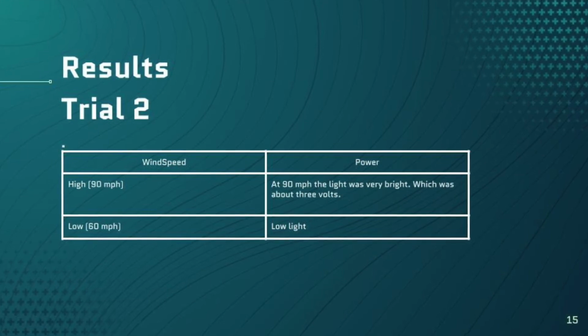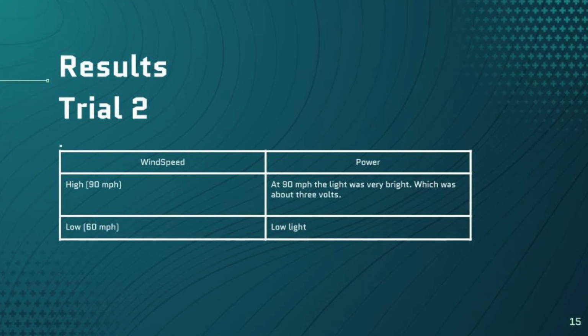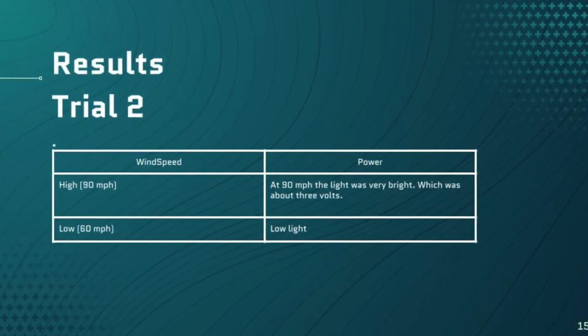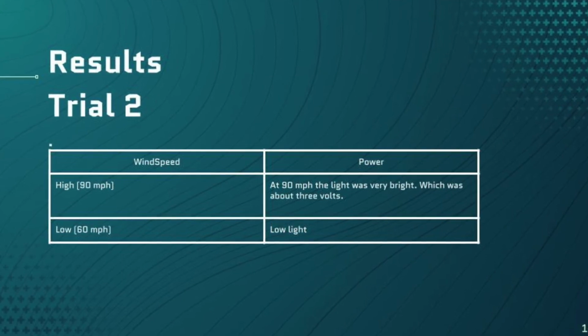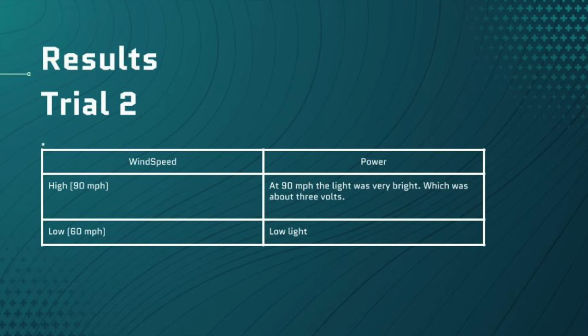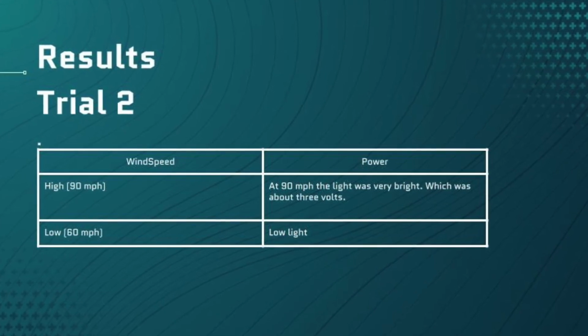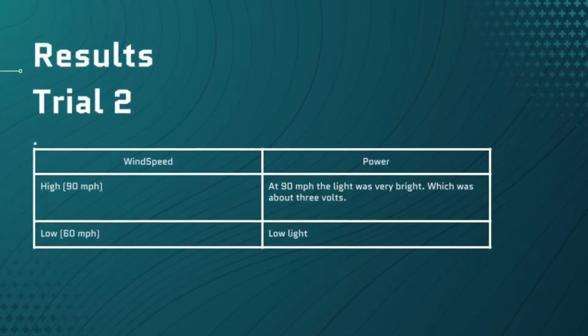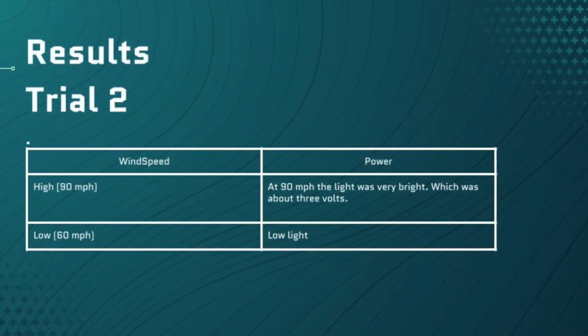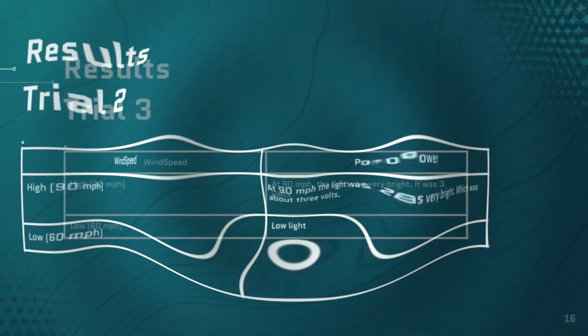Trial 2. The wind speed had a high of again 90 miles per hour. At 90 miles per hour, the light was very bright and it was about 3 volts yet again. For trial 2, yet again, it was a low of 60 miles per hour and the light was very dim.